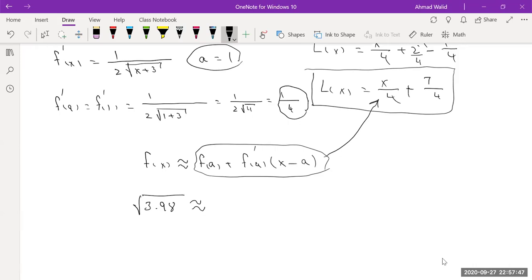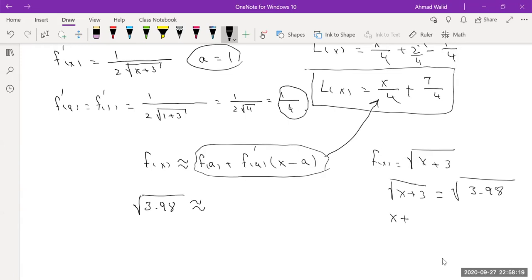Look, this part is tricky. If the function is f of x equals the square root of x plus 3, and the square root of x plus 3 becomes the square root of 3.98, then if I solve it for x, how much is x? You have to find first the value of x. If you square both sides, the square root goes away.